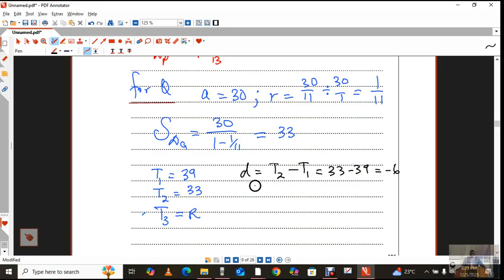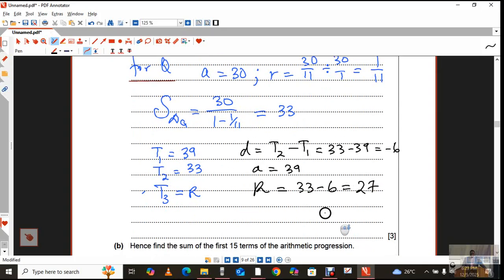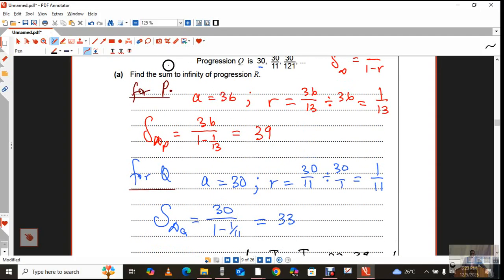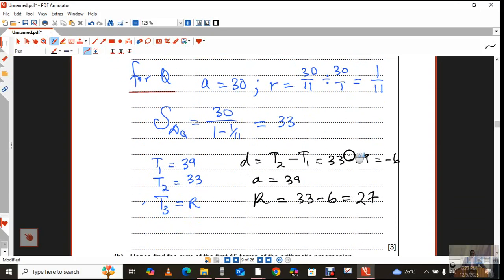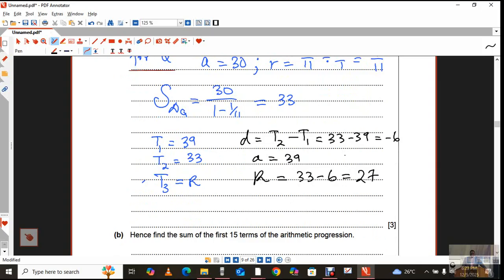Okay. We also know what is our first term. Our first term is 39. So I can actually find R. R is going to be 33 minus 6, which is going to be 27. Okay. Now I know my value of R. They are saying find the sum to infinity of the progression of R. R is equal to 27.